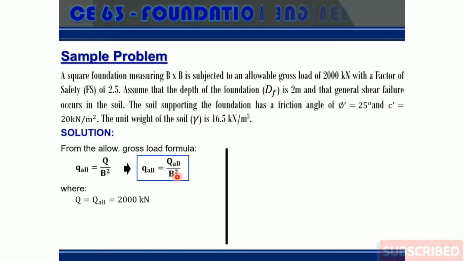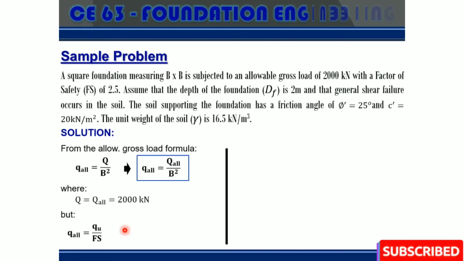Proceeding, we also have small q allowable equal to small q ultimate over the factor of safety. I hope that you can still remember this formula from our previous lecture video, where we calculate small q allowable as a function of q ultimate, denoted by small q sub u, over the factor of safety.